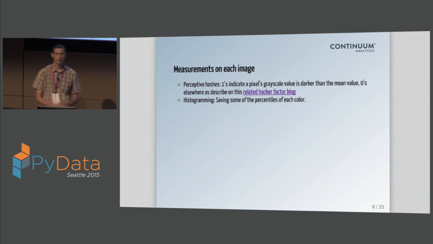And then another thing we're doing on each image is perceptual hashes, which is basically to convert an image to grayscale and then encode it as 1 if the pixel's value is greater than the mean grayscale, or 0 if less than.